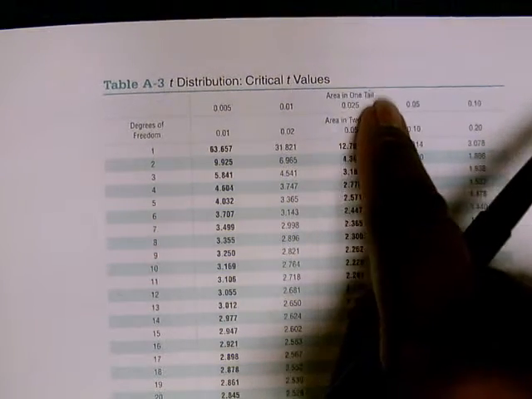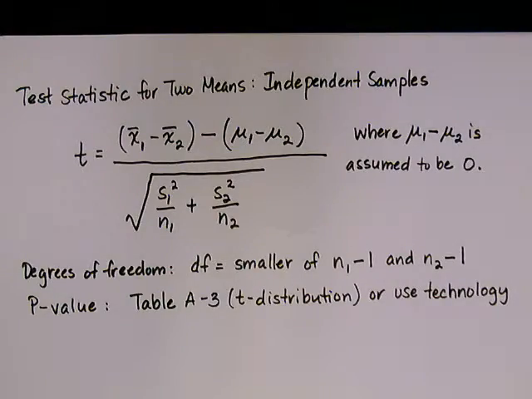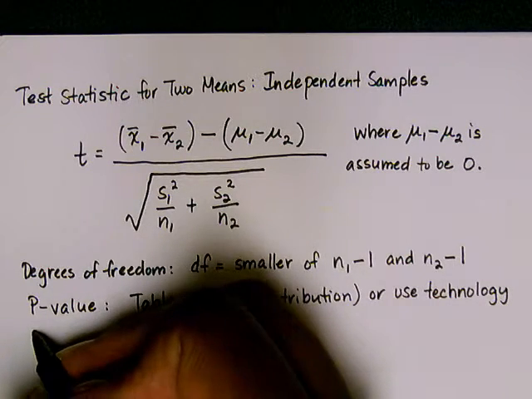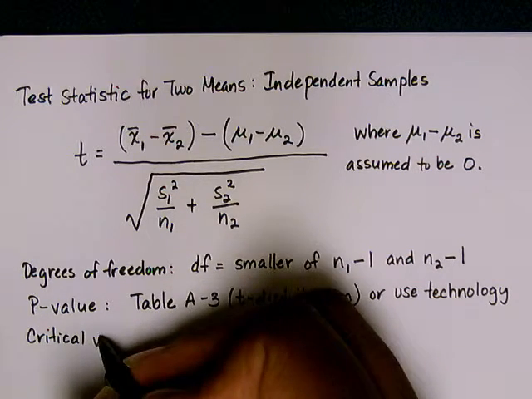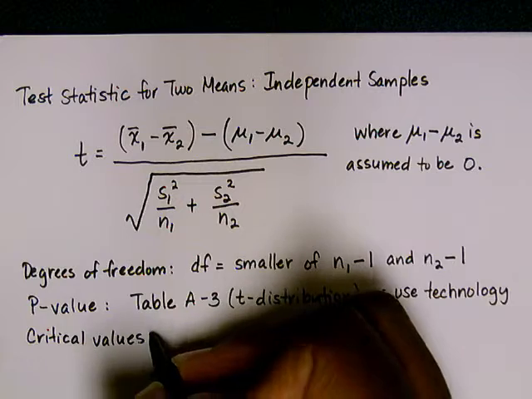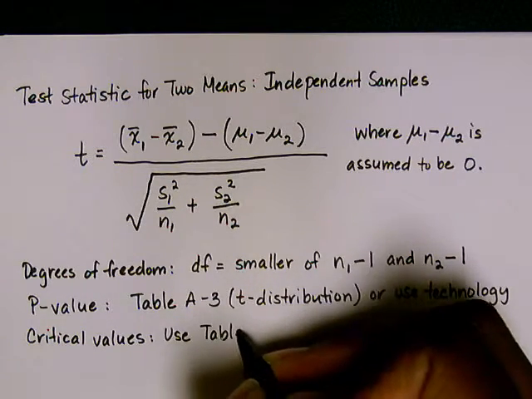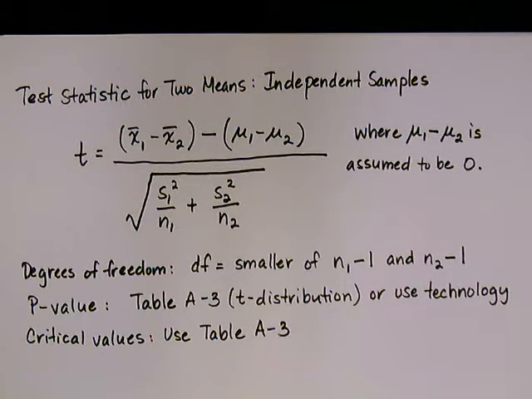Usually a one-tail test will be less than or greater than. Two tails will be usually not equal to. And that table that I just showed you, that's what you use to find your critical values. So for your critical values, you use table A-3.